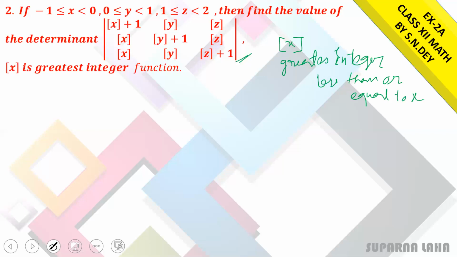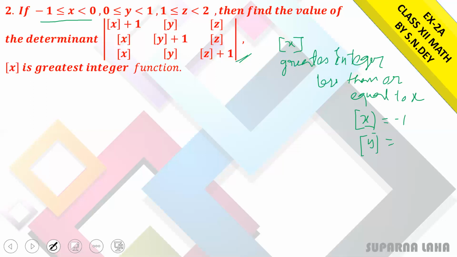Now look here, from minus 1 to 0. Whatever value you choose between minus 1 and 0, except the point 0, the greatest integer less than that x will always be minus 1. And for y, box y, choose any number between 0 and 1.